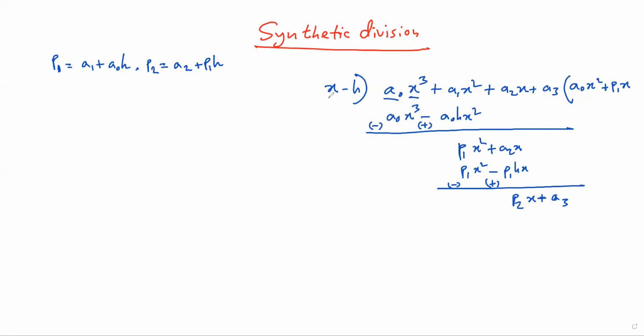Now we have to match p2 x, so all we have to add in the quotient side is p2, so that we get p2 x minus p2 h. We are almost at the end. So p2 x gets cancelled. All we have is a3 plus p2 h, and we are going to consider this as p3.